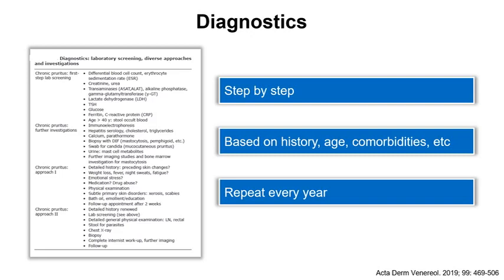Yeah, also there is a long list, and even more in the guideline, for further investigations. And here we have also a detailed approach for what we are asking in addition for the medical history. We have one important recommendation for you: when you have a patient and you do not know what is the underlying etiology for chronic pruritus, you should repeat the diagnostics every year, because sometimes we have premonitory pruritus and the disease starts later.